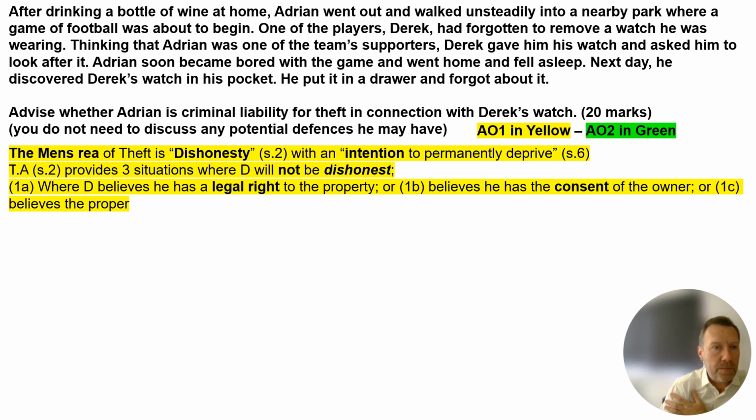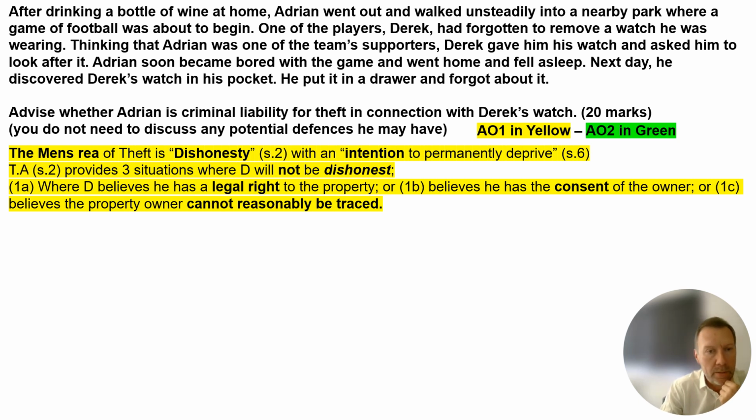So back to the bit by bit approach, we can then explain what section 2 tells us about dishonesty, or what the law tells us about dishonesty for our AO1, and section 2, 1A, 1B and 1C are quite useful to quote in the AO1. Sometimes they're particularly relevant and therefore it would be good to quote in the AO1.